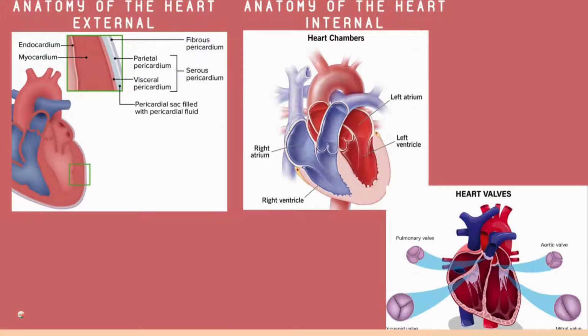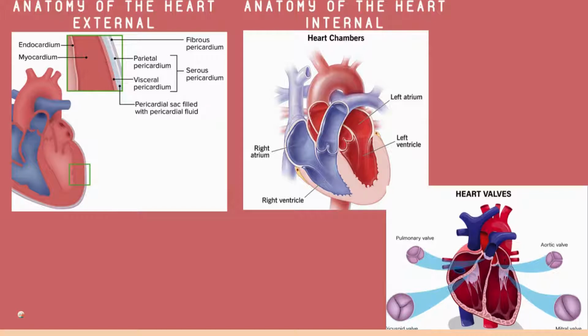This layer is responsible for the contraction of the heart. The heart contracts and relaxes only due to this layer. Then the outermost layer of the heart is the epicardium, which is also known as the visceral pericardium.